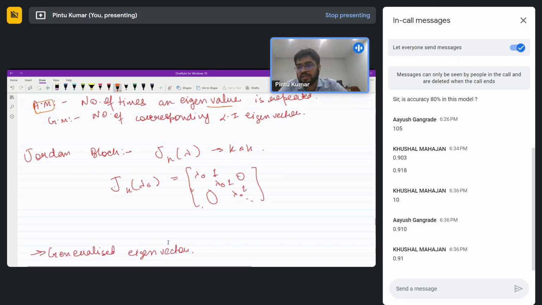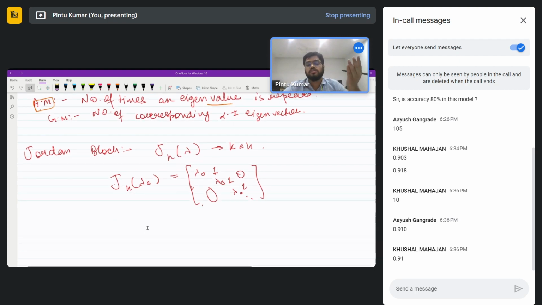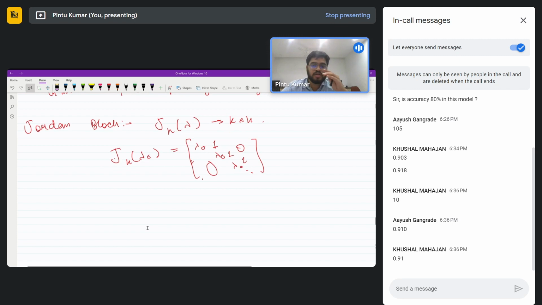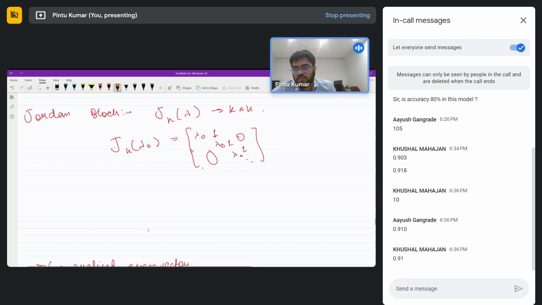Right. So after this, we have something that is called a Jordan block. Okay. So a Jordan block of length k. So what is a Jordan block of length k? A Jordan block will correspond always to one eigenvalue. Let's say this is lambda 0 and this will be of size k cross k.